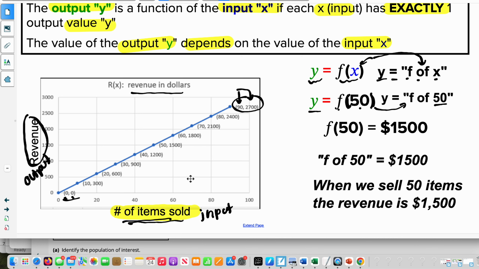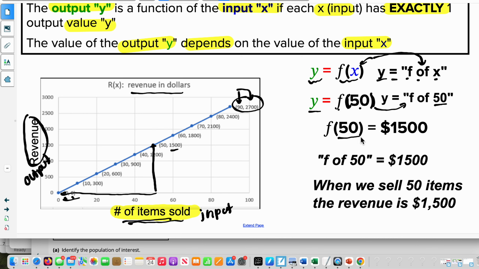Well, let me look at my graph here. If I input 50 items sold, I get an output of 1,500. Here's my items sold. Let me go to 50, input 50 items sold. I go up here, I get an output of 1,500.